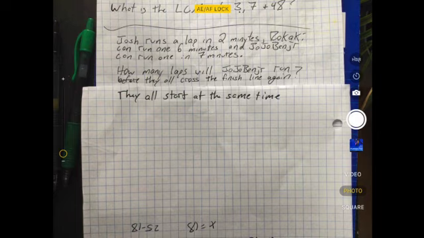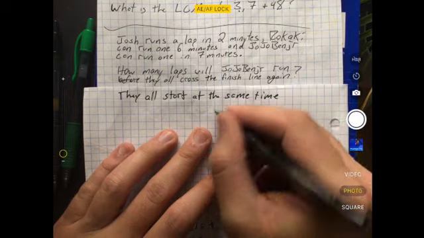$3.5? How'd you get 3.5, dude? That's how many laps he's going to run before they all cross it? If he's only running a half a lap, then, I mean, I guess.